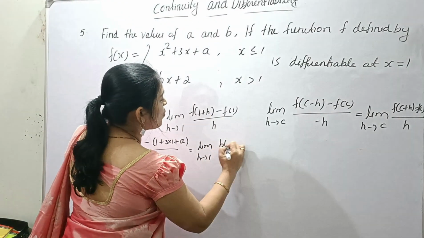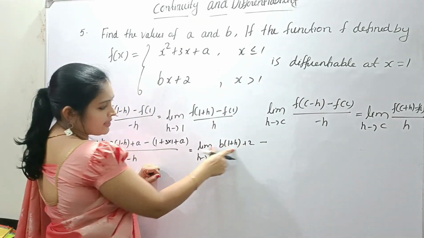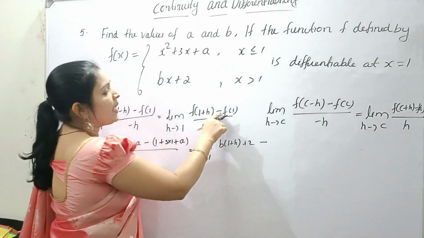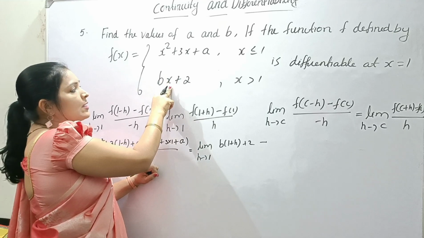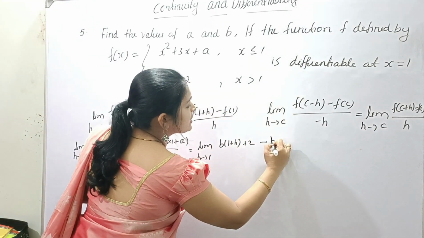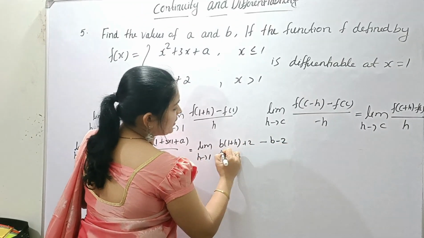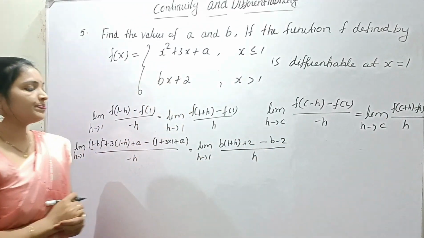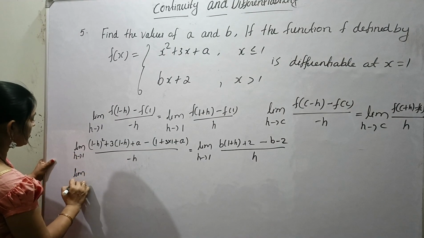So b into 1 plus h plus 2 minus f of 1, put x is equal to 1. So b into 1 plus 2, that is minus b minus 2, divided by h. Okay, then let's simplify this one.